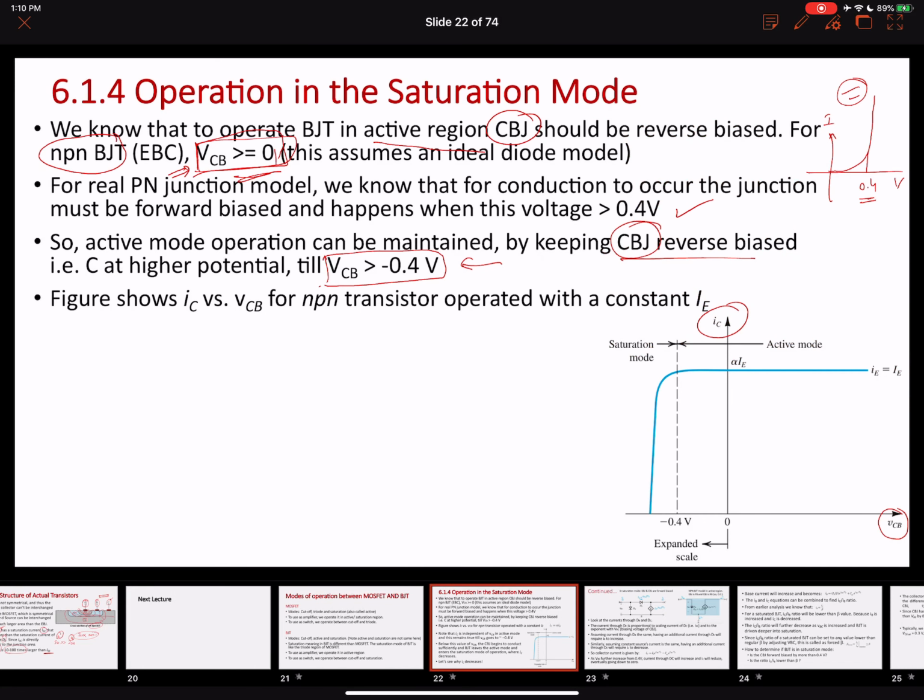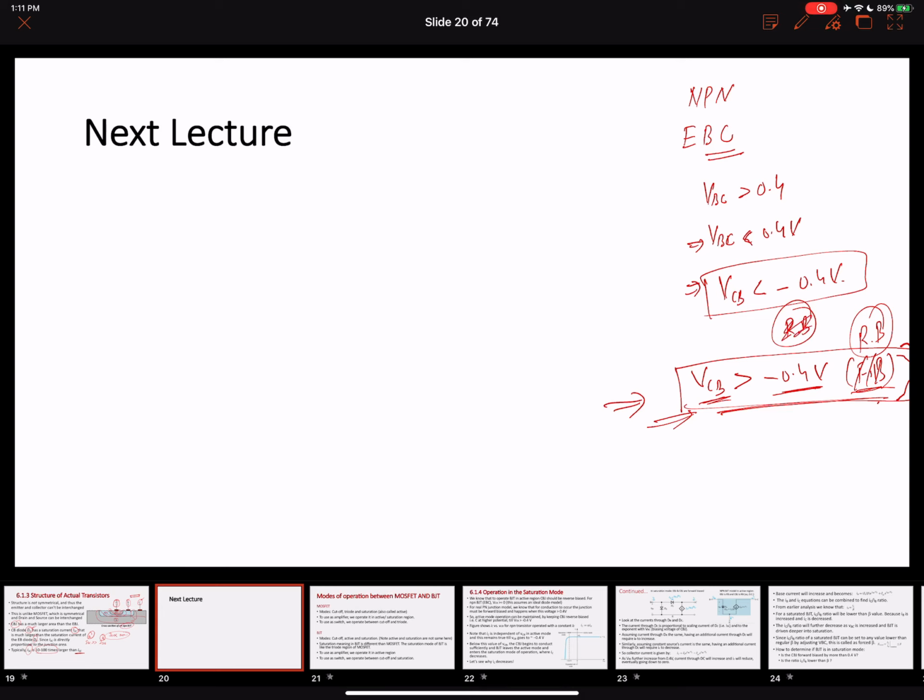As long as our collector to base voltage is greater than minus 0.4 volts, our collector to base junction is reverse biased. As soon as it becomes less than minus 0.4 volts, the collector to base junction becomes forward biased.